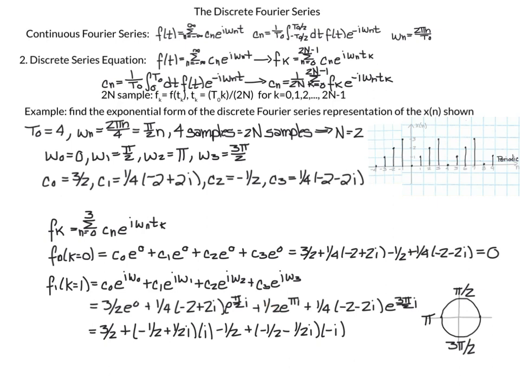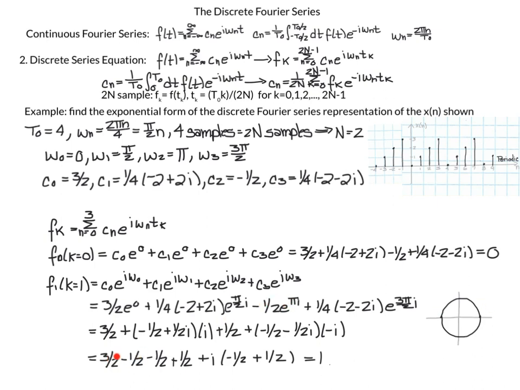And then I have my 1/2, and then e to the pi i is minus 1, so this should probably be a plus, because I said this was a minus. Plus my 1/4, I multiplied it in, so I have minus 1/2 minus 1/2 i, and e to the 3 pi over 2 gives me a negative i. Okay, I fixed this. This should be a negative sign here because c2 is equal to minus 1/2, and that makes this a positive. Since e to the pi i is negative, I get a positive 1/2.